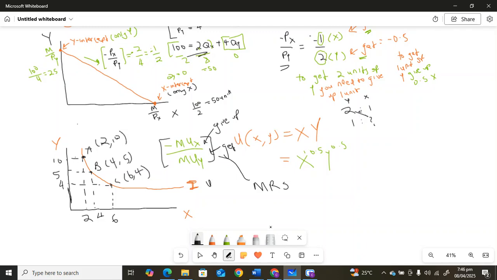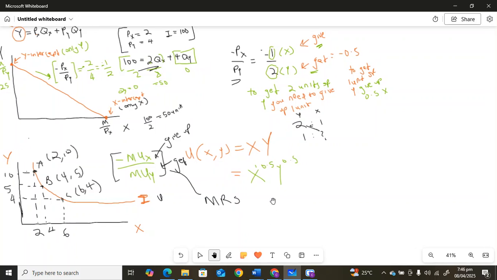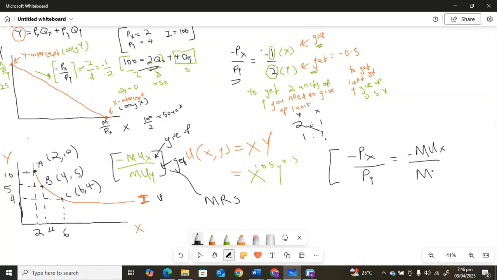According to consumer theory, for you to maximize your satisfaction with your budget constraint, the slope of the budget constraint line, negative Px over Py, equals negative MUx over MUy.